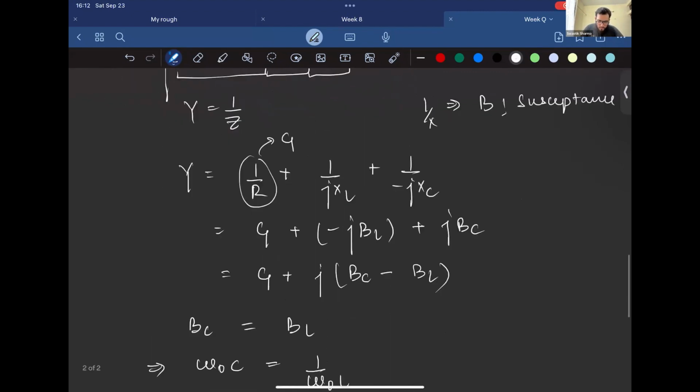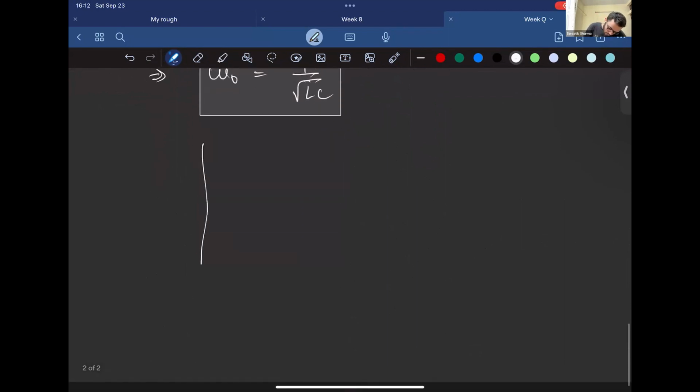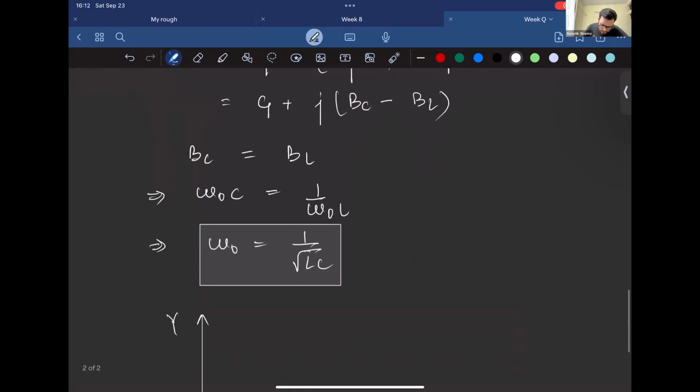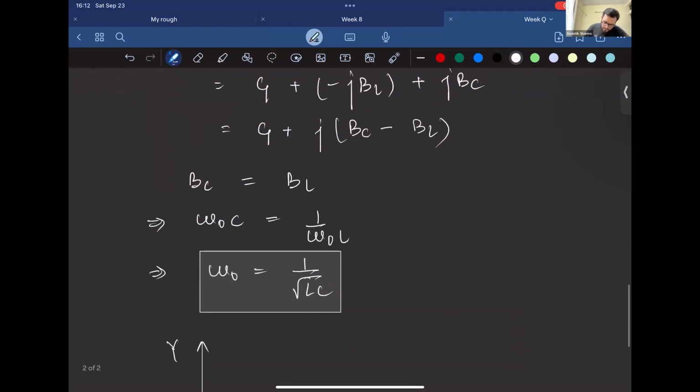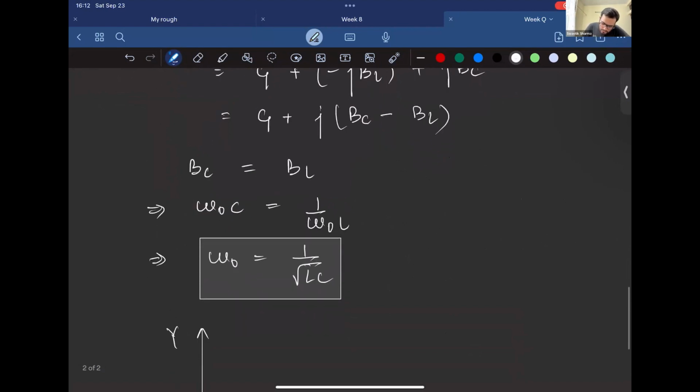Now let's plot the admittance versus frequency graph. So this is admittance and this is frequency. BC is what?